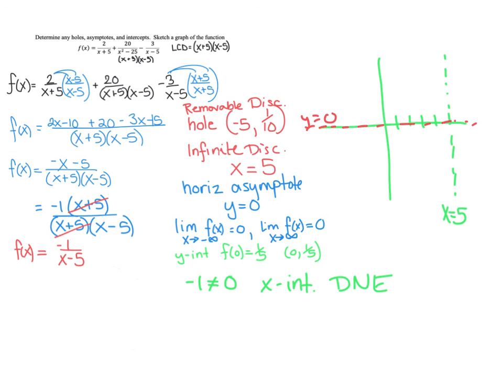The function crosses the y-axis at 0, 1/5, so like right here, and I have a hole at negative 5, 1/10. So it's really, really close to the y-axis, and I'm just going to erase my notation here so I can emphasize a hole at negative 5, 1/10, and that's too big.